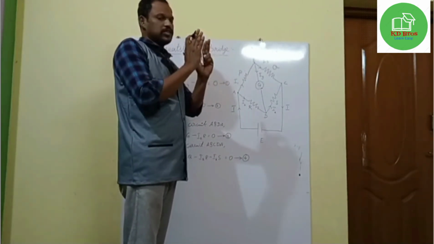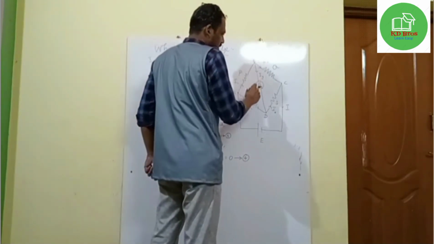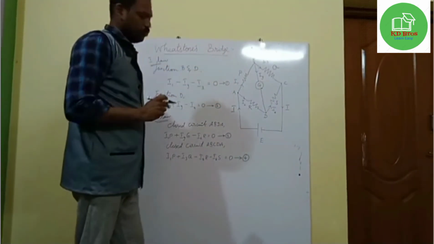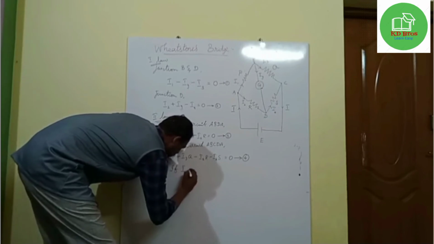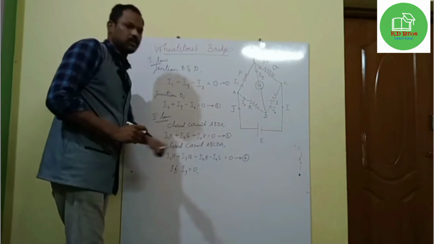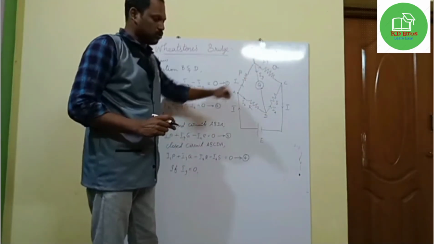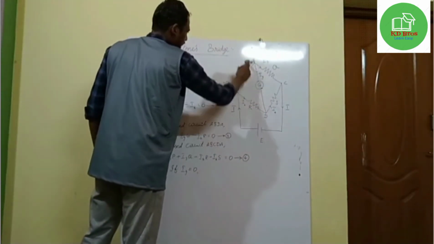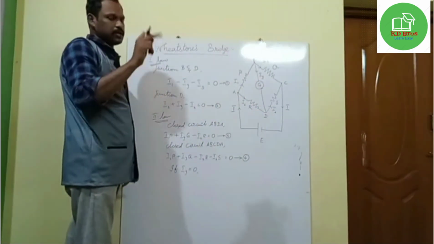Otherwise we can say that the flow of current through this galvanometer is equal to zero. Suppose Ig is equal to 0, we have to introduce this condition. When Ig is 0, the potentials at B and D are the same, and the current passing through the galvanometer becomes 0.